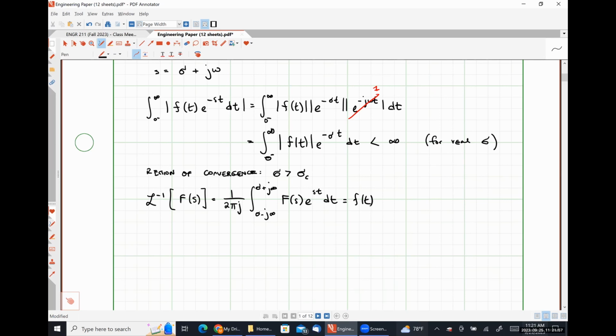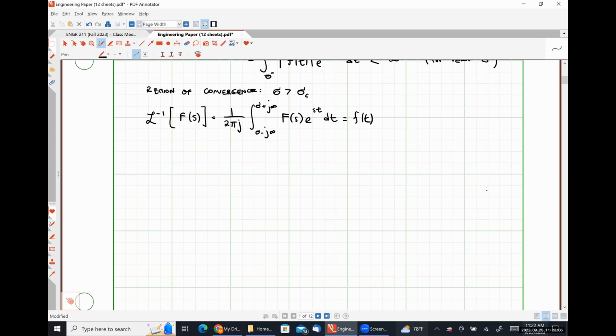Okay. So let's start with something relatively simple. Let's say that my function f of t looks like this.